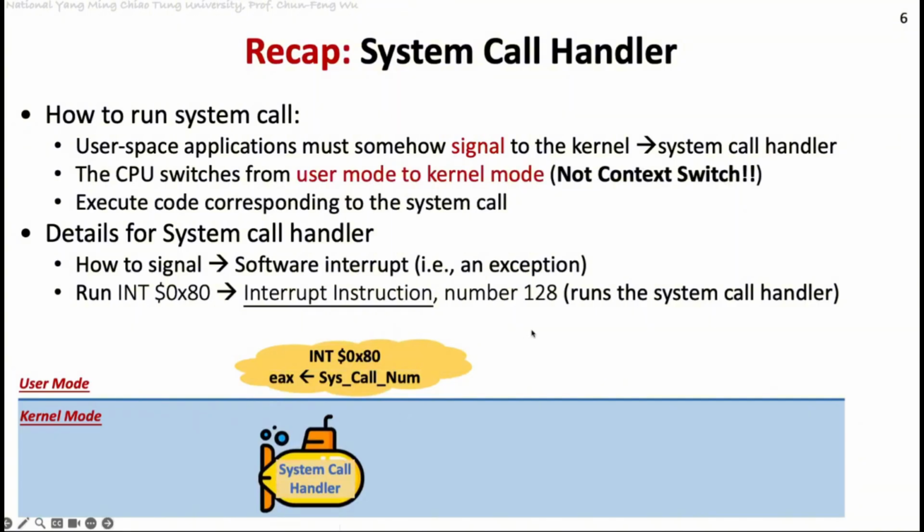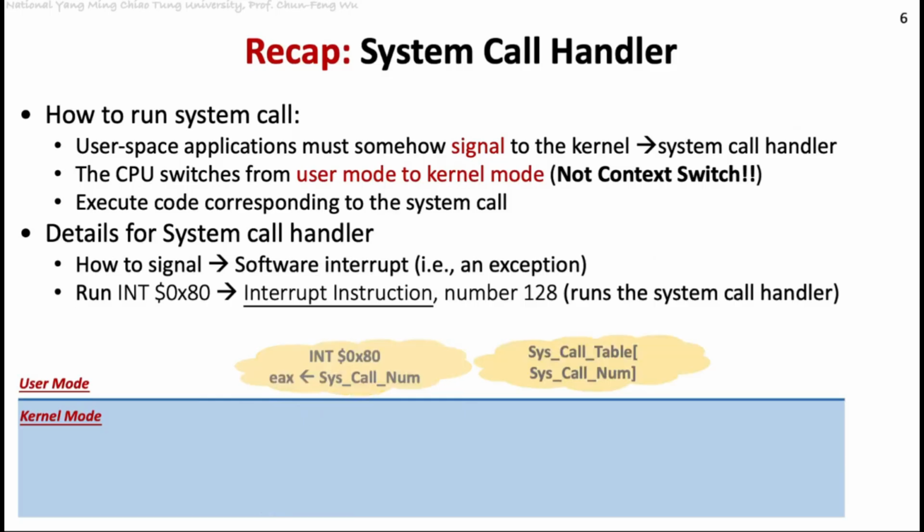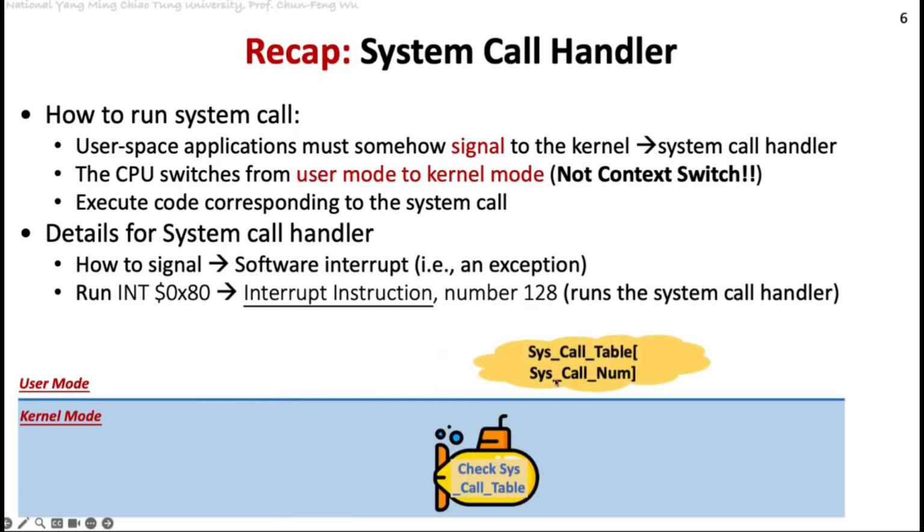There is another parameter, which is what kind of system call we need to run. There is a system call number. According to the number, for example, number 0 may be read, and 1 may be write. Inside the system call table, there is a way for the CPU to know where the source code is for the corresponding system call number.